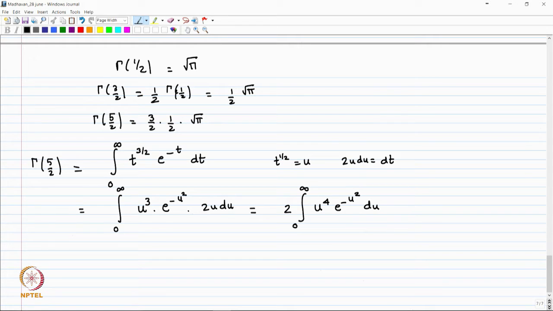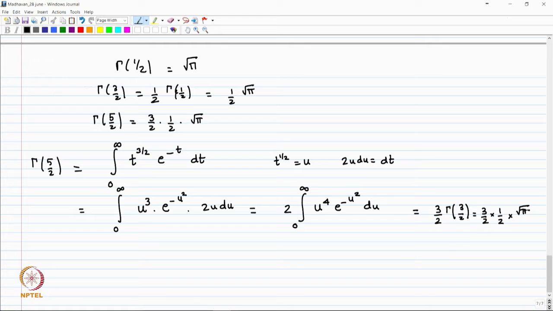Now, what I wanted to emphasize through this is that we know the value of gamma of 5 by 2. So, what you will get from this is the following. This is equal to gamma of 5 by 2. You can write it as 3 by 2 gamma of 3 by 2. This is equal to 3 by 2 into half into gamma of half, which is root pi.